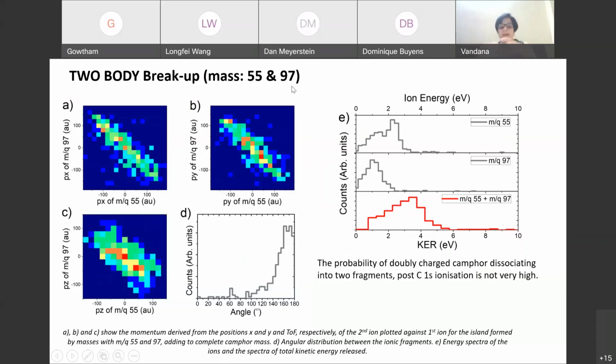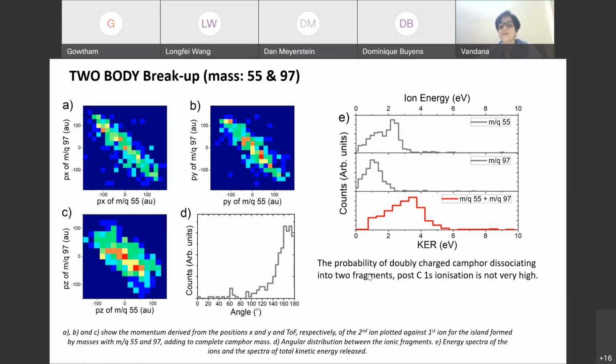This is the simplest channel, and we can essentially analyze it. When any two-body breaks up, the fragments will go back to back, no matter how they are oriented in space. This means the angle between these two ions will be 180 degrees. This was the first result to really check, and we saw that the angular distribution between these two ions is 180 degrees.